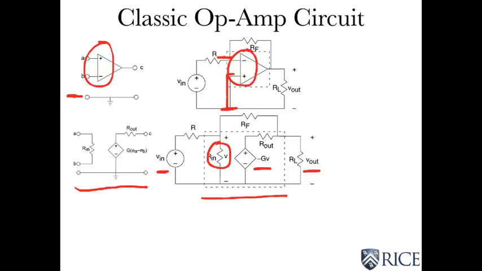Okay, how many nodes are there? What I get, there's 1, 2, 3, and 4, and of course here's our reference node. Pretty obvious. Well, this node has a voltage source attached to it, so we don't need to define a node voltage there.